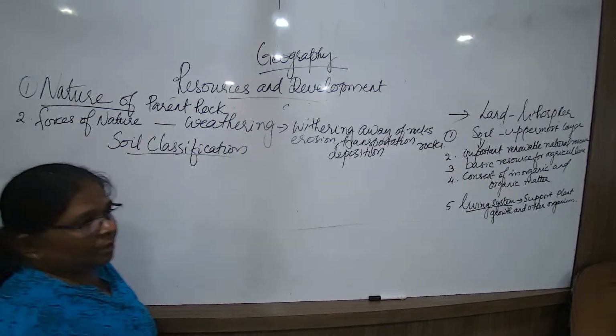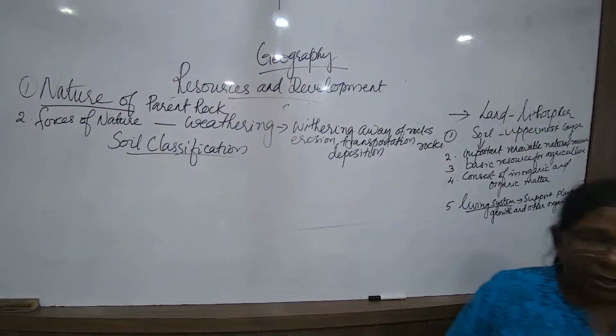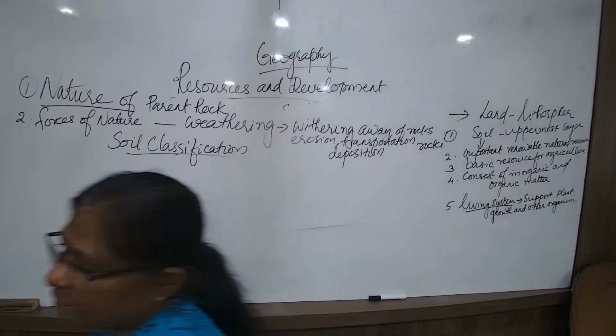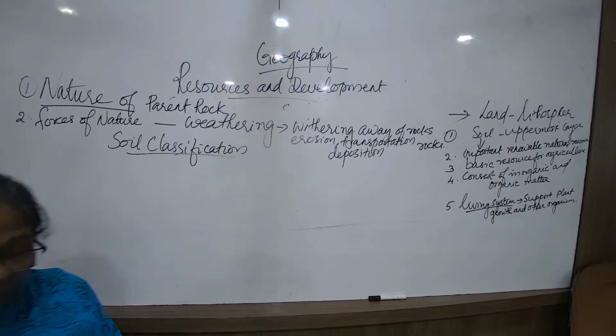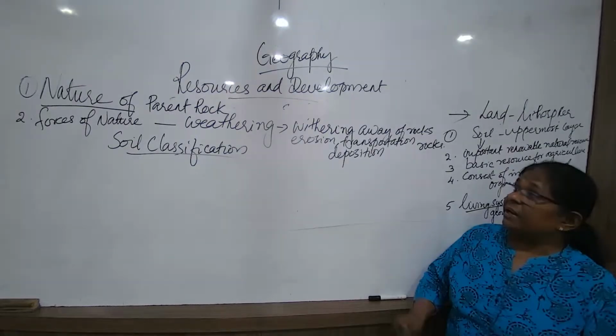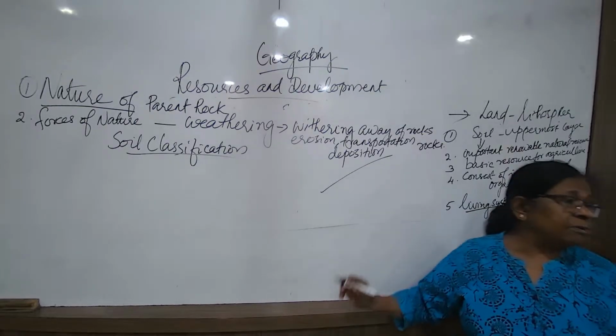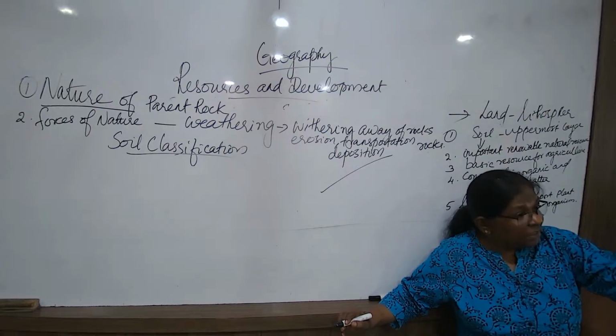Okay. Now next question. Where is this soil found? Which all are the regions? Rajasthan, eastern coastal plains and the entire northern plains. You have to specifically mention a narrow corridor of Gujarat and Rajasthan.